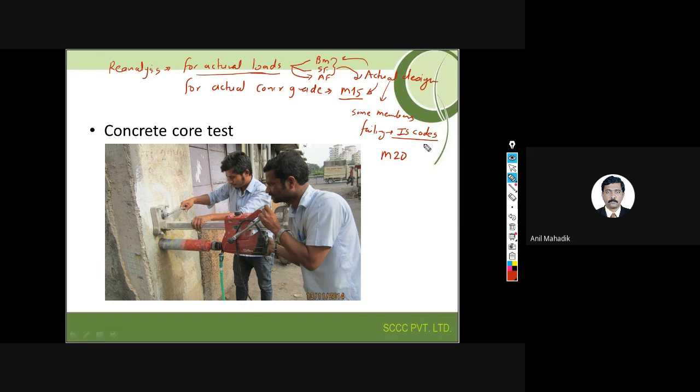In that case also, we say that the member is failing. It is not necessary that it should collapse, or crack very high. If it doesn't follow the IS codes and there are really fundamental issues, then we say it is failing and we should give retrofitting solutions. So this is the way we do the structural audit.